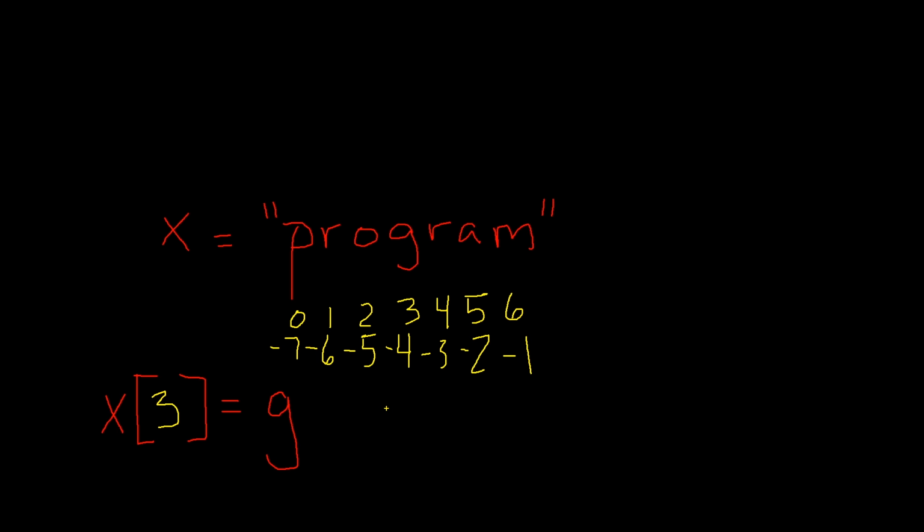So in this instance, not only is G the index location for x to the index location of 3, but it's also x index -4. So that's how we work with our strings and our index locations here.